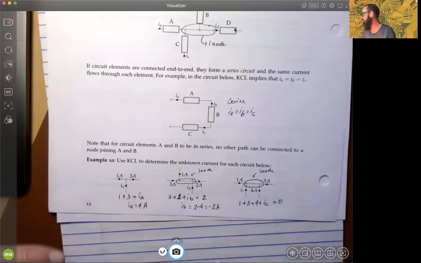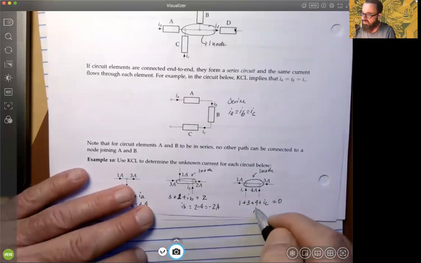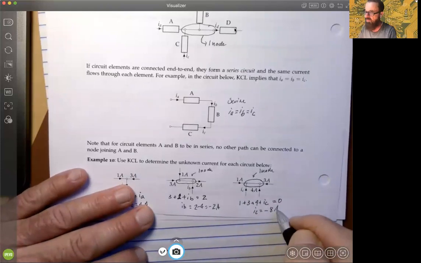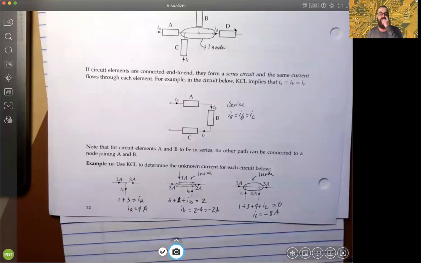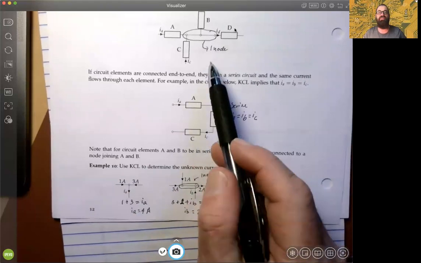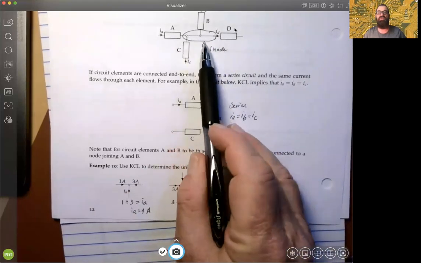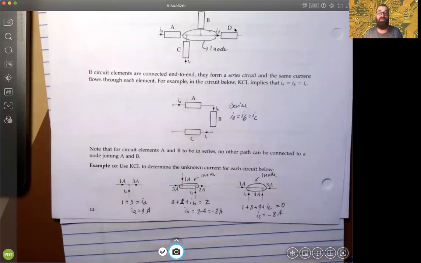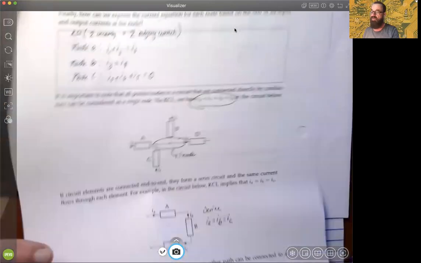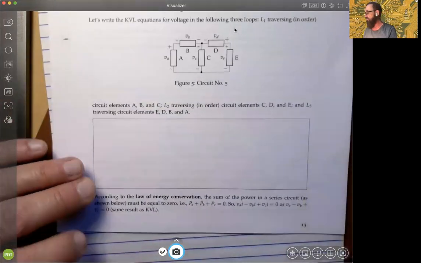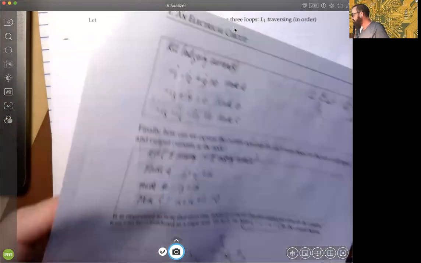And so quickly we can see that we would need IC to be minus 8 amps, right? So just be careful about looking at connections and making sure you're taking the right number of nodes to measure the currents with, okay? All right, so let's go on to page 13.